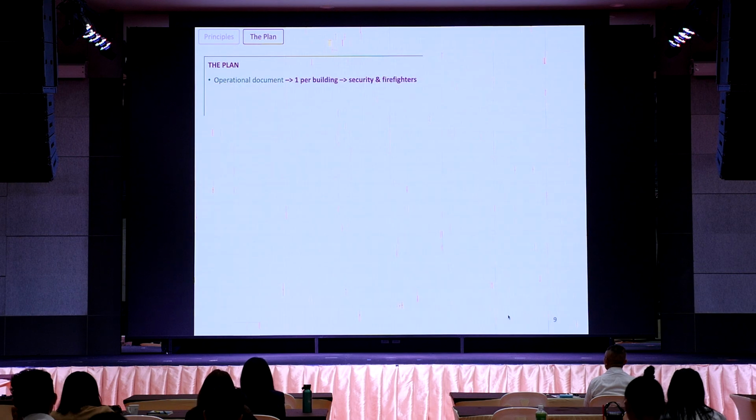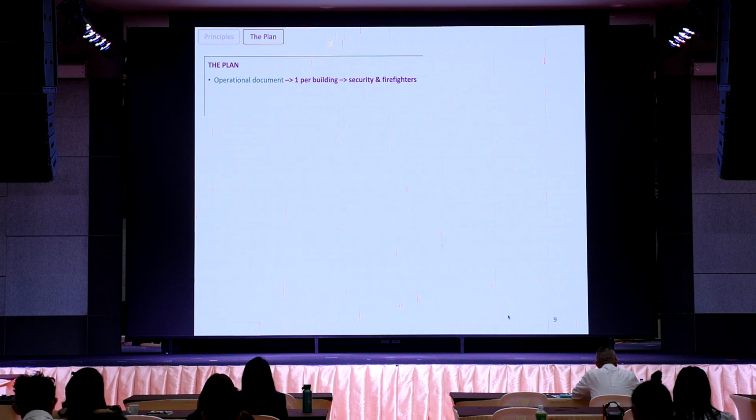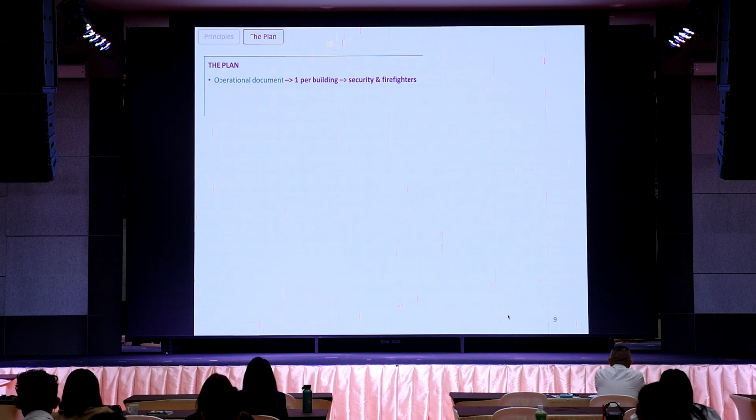So the plan I've been talking about since the beginning is actually a document, a group of papers where you give all indications to the firefighters that cover your area and the security group of your institution.